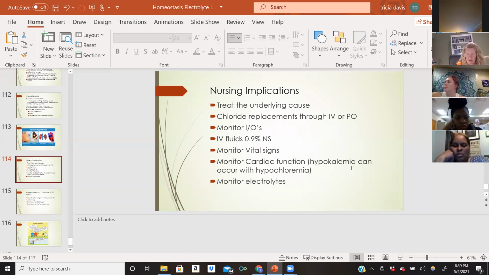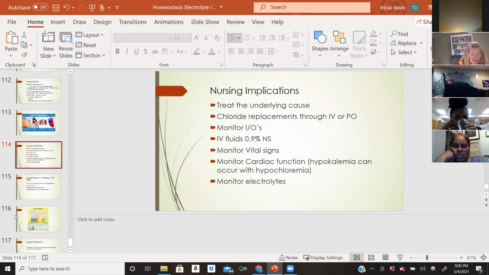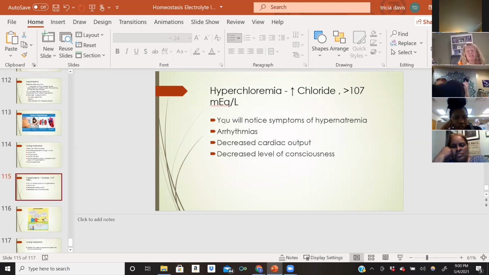Monitor that cardiac function because hypokalemia can also occur sometimes with hypochloremia. So those patients are going to be on heart monitors, looking for abnormal ECGs, abnormal rhythms, irregularities. And then, of course, we're going to monitor their electrolytes, right? Something we're doing with all these electrolytes.